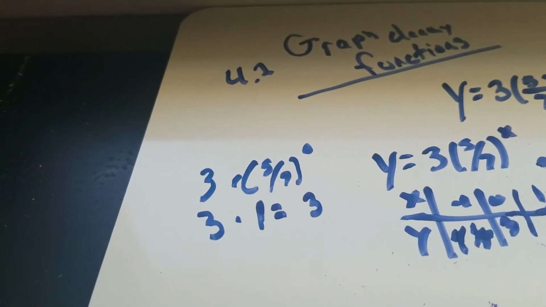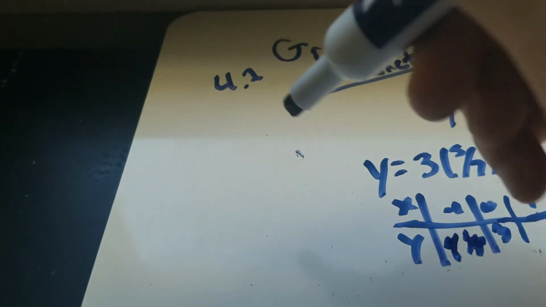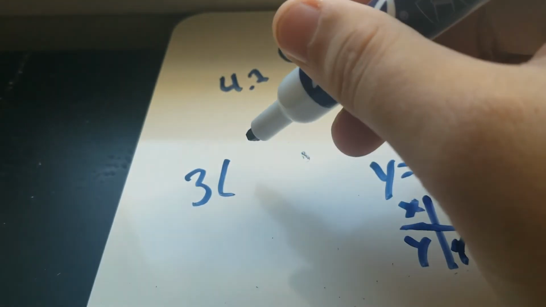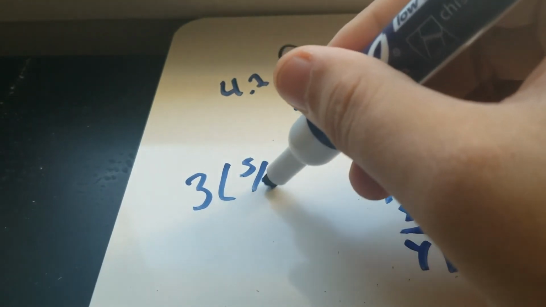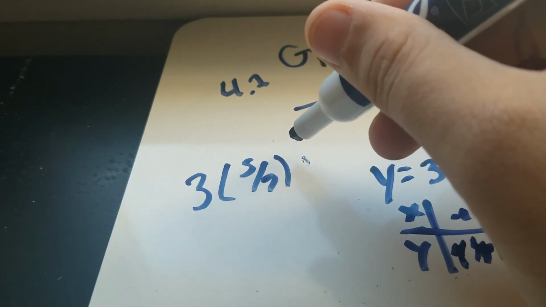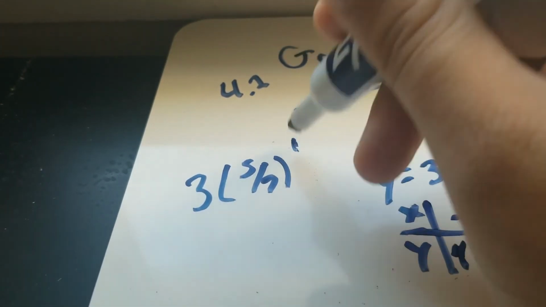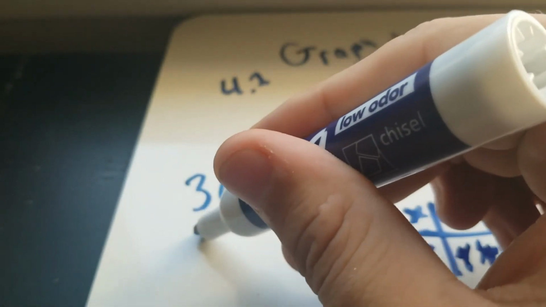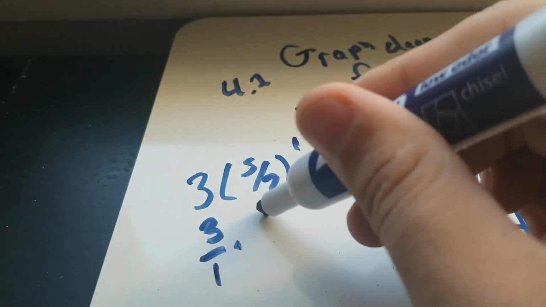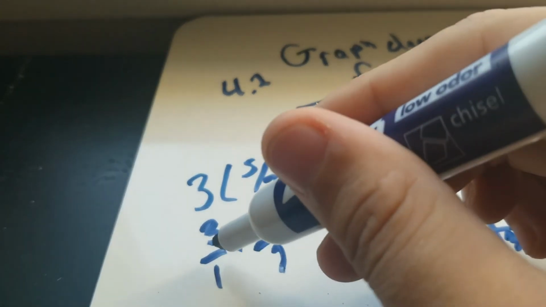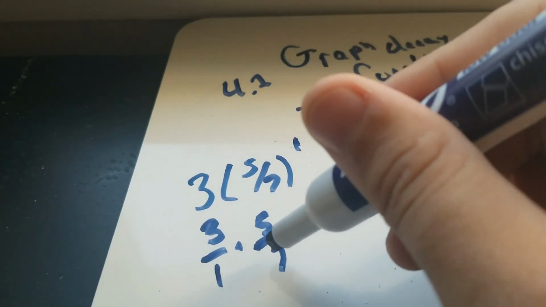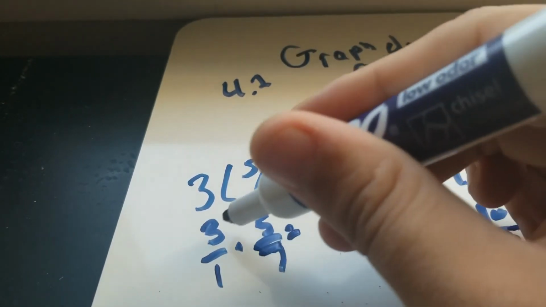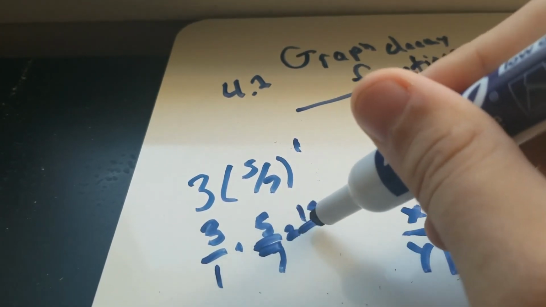Okay, last, but not the least either, is going to be 3 times 5 over 7 to the 1 power. Now, to the 1 power, it just stays normal. So it's going to be 3 over 1 times 5 over 7. Remember, I could put over 1 because it's a whole number. So 3 times 5 is 15 over 7.